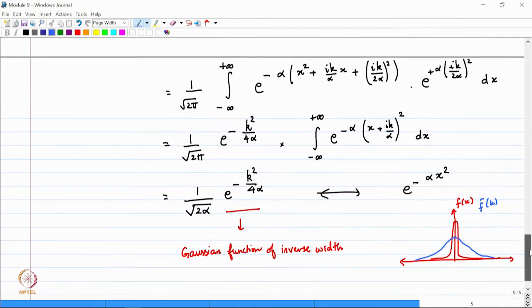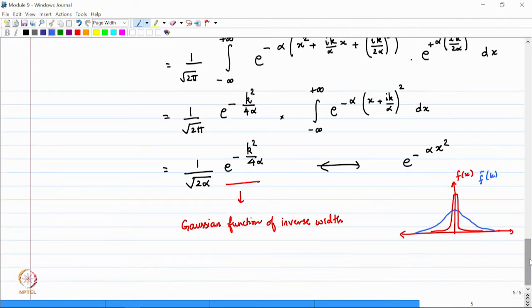Okay. So, just to emphasize what we mean by these Fourier transform pairs: if f of x is equal to 1 over square root of 2 alpha e to the minus x square by 4 alpha, okay, then f tilde of k is equal to e to the minus alpha k square.